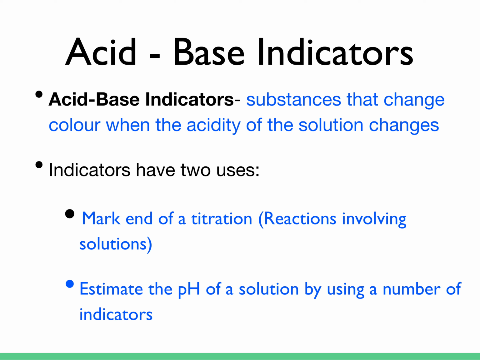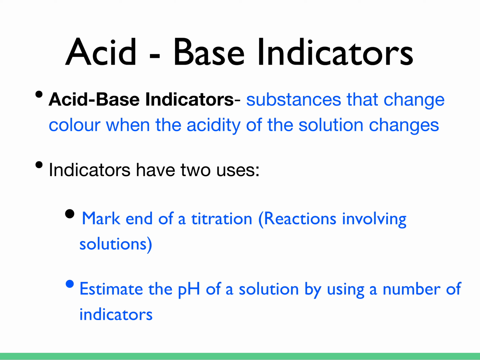What acid-base indicators do is they change color when the acidity or the alkalinity of a solution changes. Litmus is very commonly used because its color change range is about from 6 to 8. So it will turn red in the presence of most acids and blue in the presence of most bases.